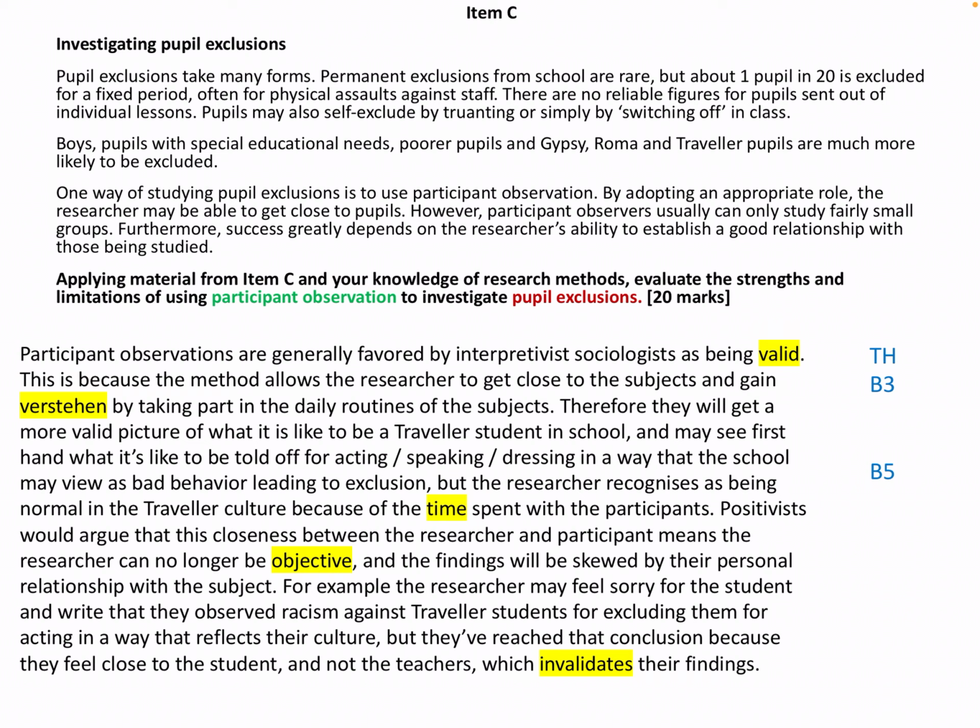And then I've used positivism to criticise the closeness that develops between the researcher and the participant during participant observation, because they do not see that as being objective. So that's theory again.